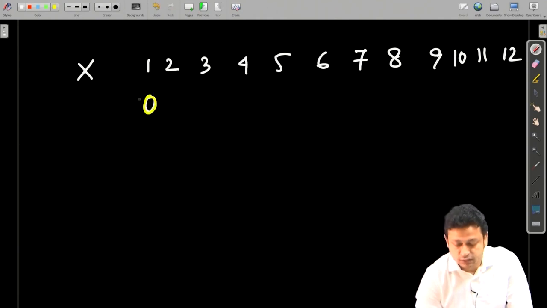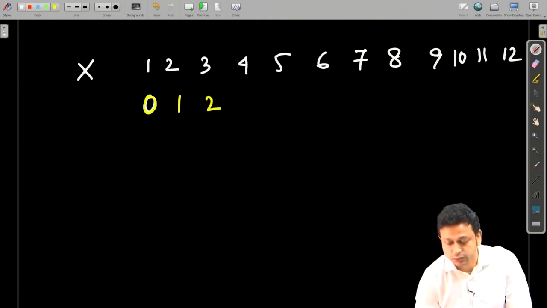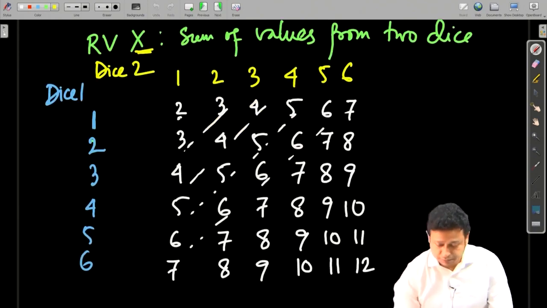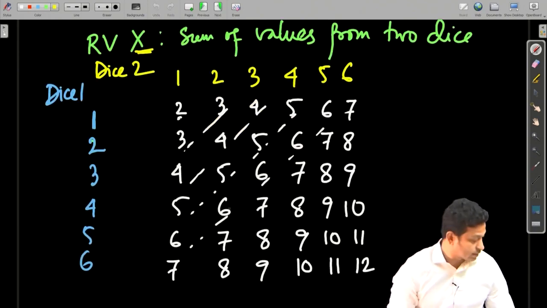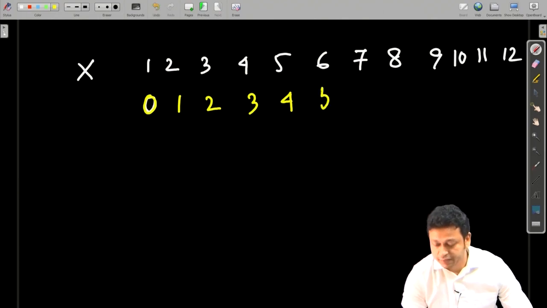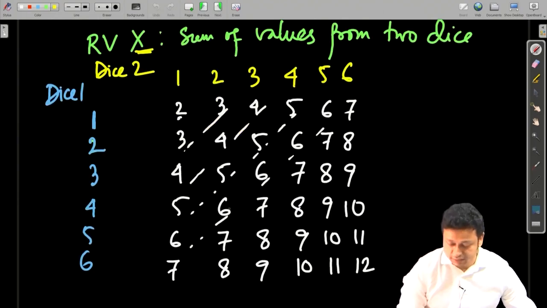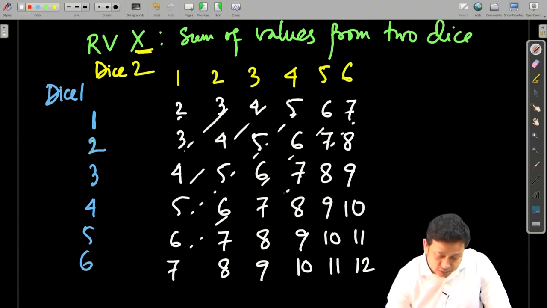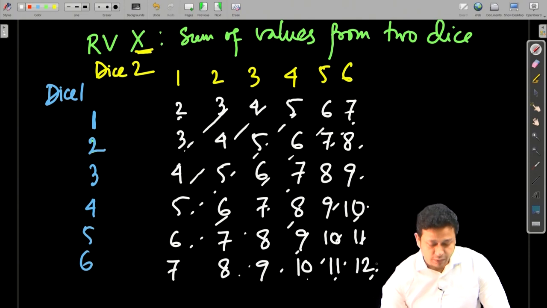0, 1, 2, 3, 4. And what about 6? We had five 6's, 5. And how many 7's are there? You will see we have six 7's. And then I will see five 8's, four 9's, three 10's, two 11's and one 12.